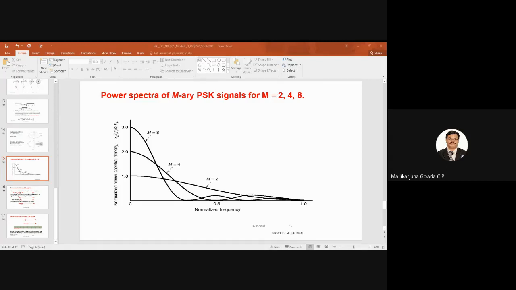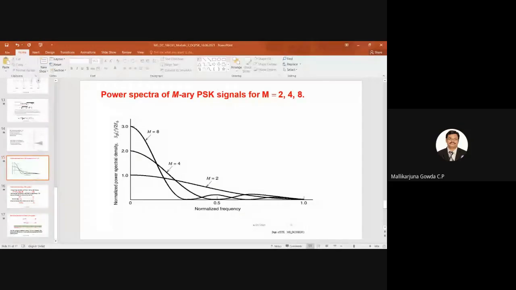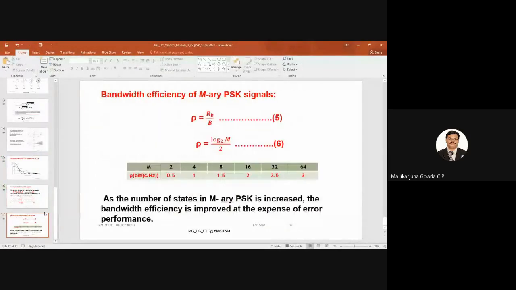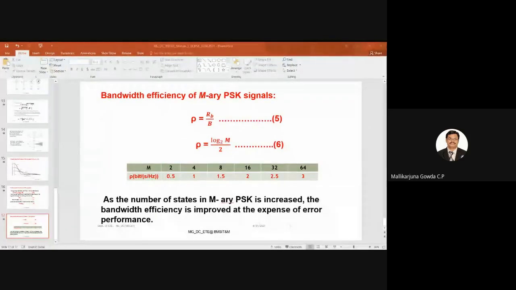Sir, for M equal to 2, it is 0.5. Okay. Fine. For M equal to 4, it is 1, sir. So the bandwidth efficiency is 1, which means it is 100%. That is what it means. Yes, okay, sir. I think, yeah, so let me stop with this.